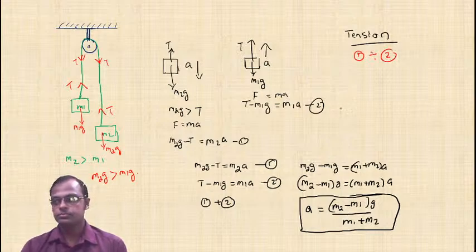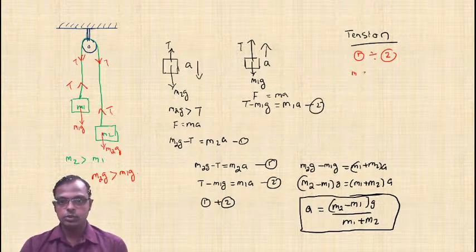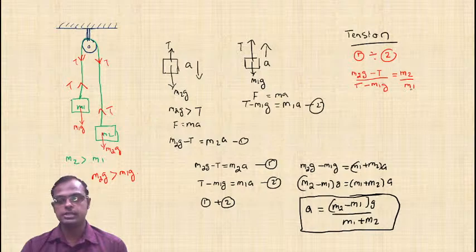Those who finish, you can do it. Equation number 1 divided by equation number 2, you will get M2G minus tension divided by tension minus M1G is equal to M2 divided by M1. Acceleration cancels out, right? Now you cross multiply this equation.